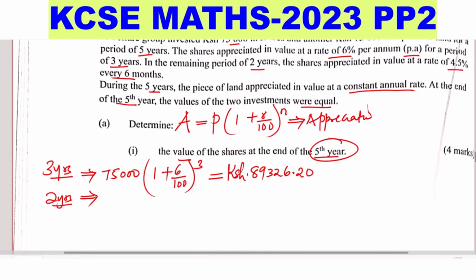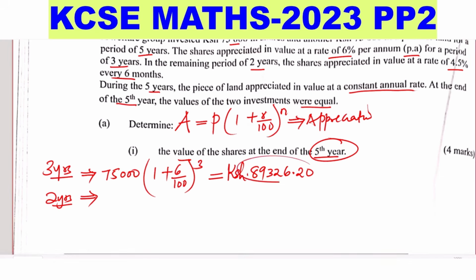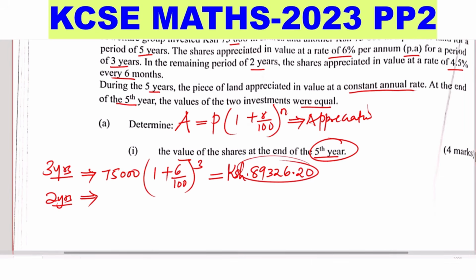That will be the principal as you're beginning these 2 years. So using the formula for appreciation still, the new principal is 89,326.20, then 1 plus the rate, which is 4.5% every 6 months, so it is not given per annum.